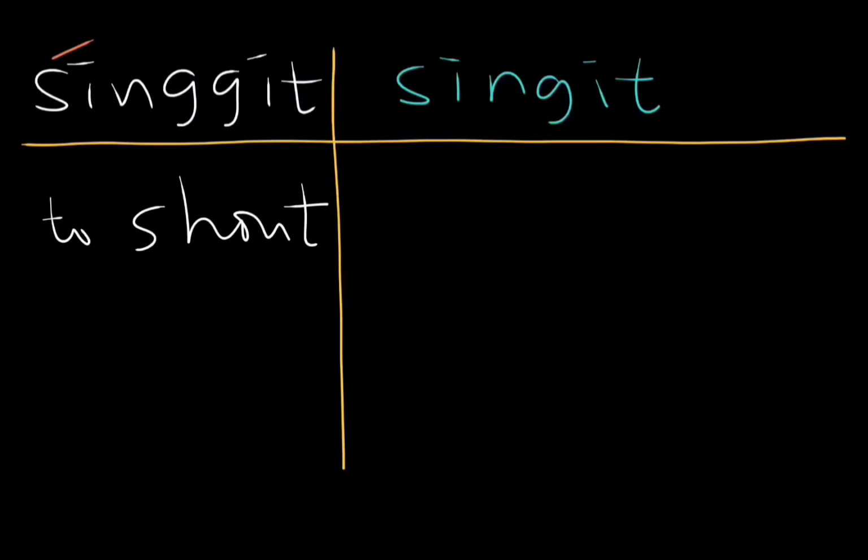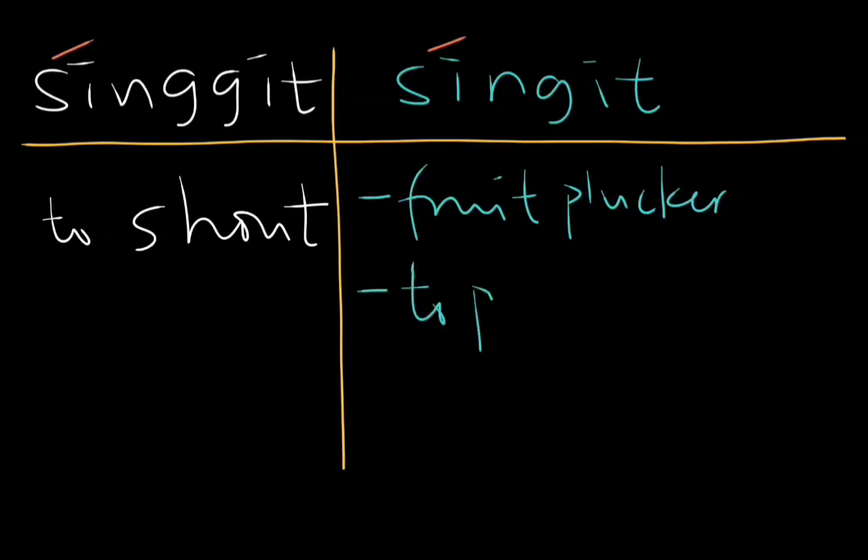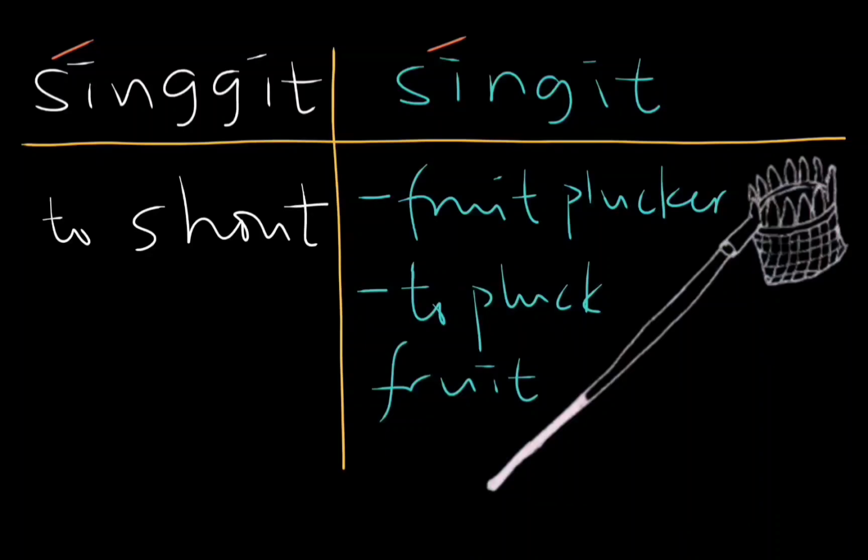So right now we say singgit instead of singit. With one G, we just say singit. This word now means, as a noun, a fruit plucker. Or, as a verb, to pluck fruit with a fruit plucker, as in the picture shown here. Singit, singit.